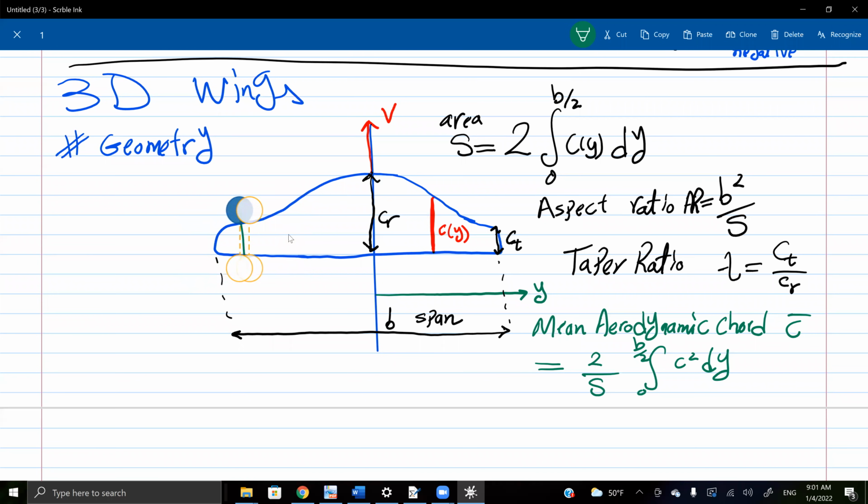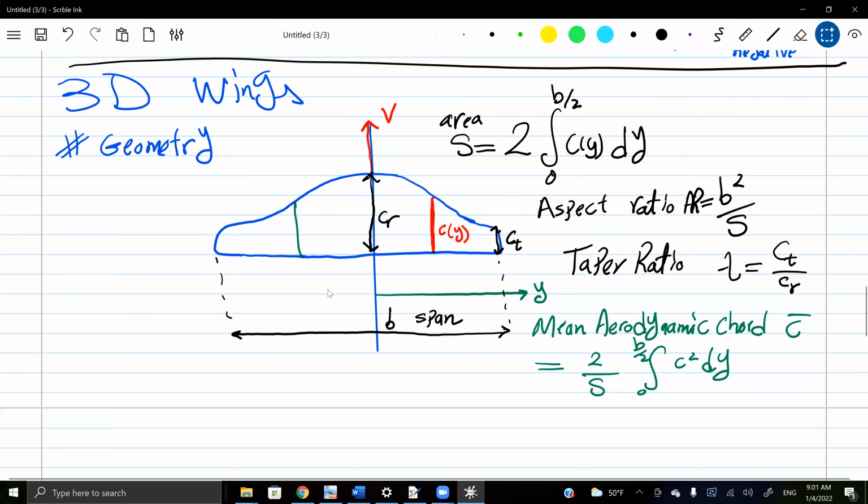You find the station along the wing where this will fit as a local chord, maybe here, right? Yes. Now you can extend this and form your rectangular wing out of it that spans the whole thing.